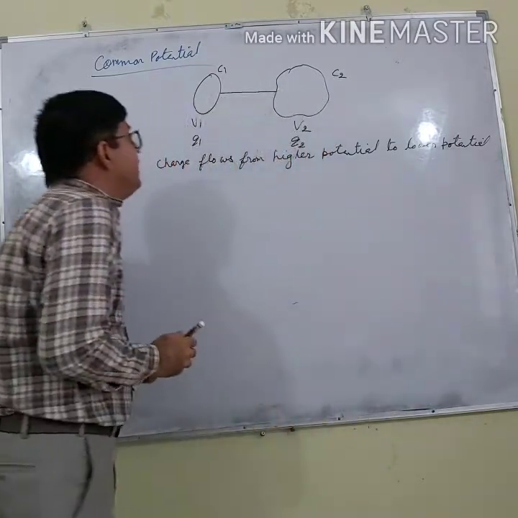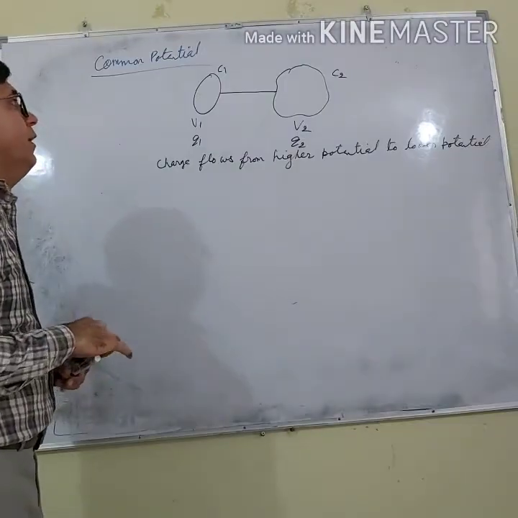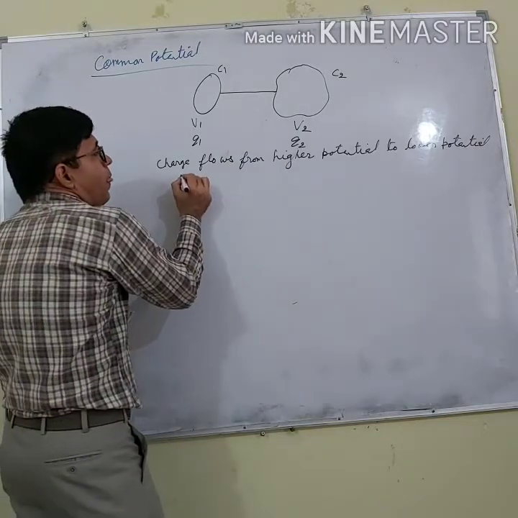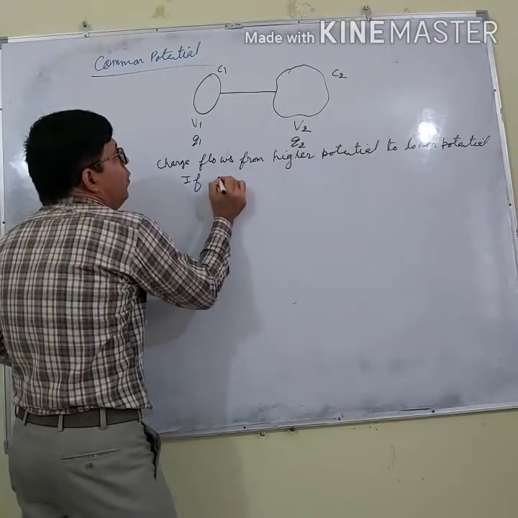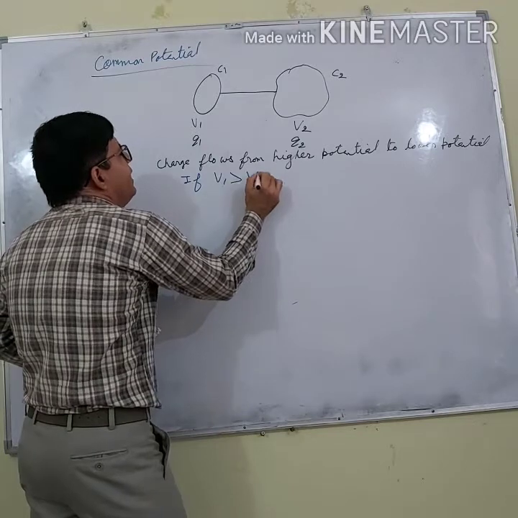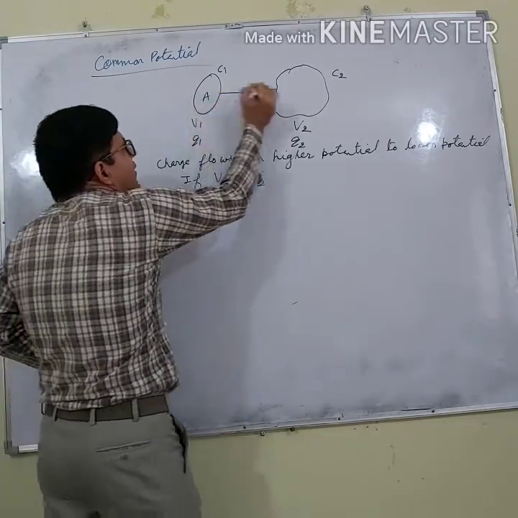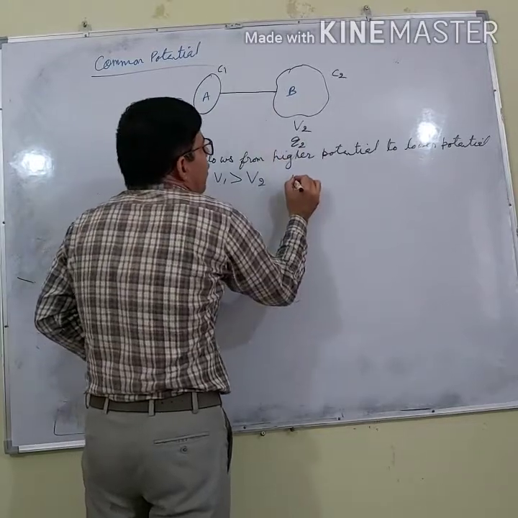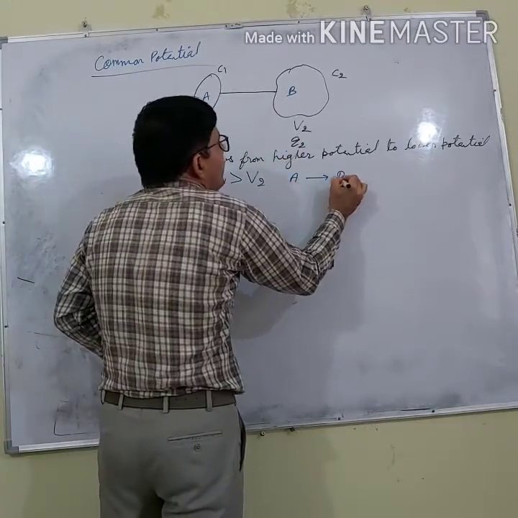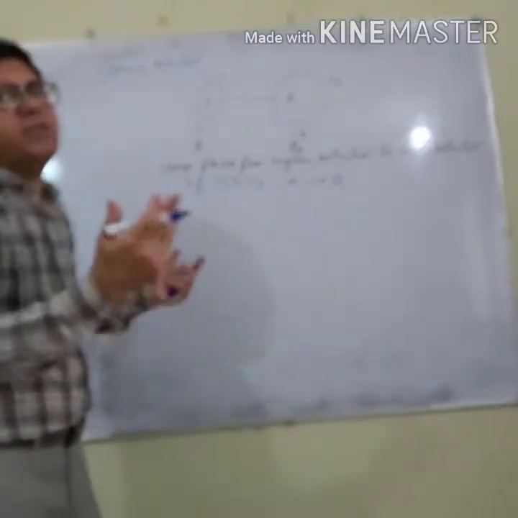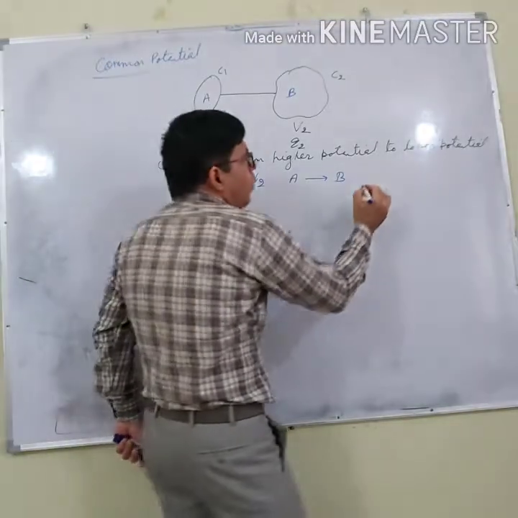If V1 is greater than V2, then I can say charge will flow from A to B. How long will charge flow?